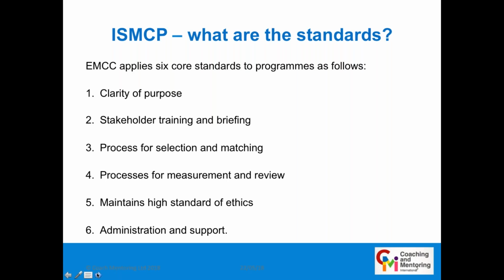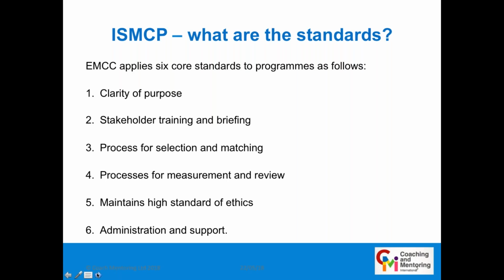If you train just the mentors, you can double that. Train the mentees and brief other key stakeholders around them, like line managers, and you get an even bigger bang for your buck. You get well over 90%. Sometimes we've had a number of programs where 100% of people have said they've got great value from the program. And of course, it's not just training right at the beginning, but training and support right the way through.